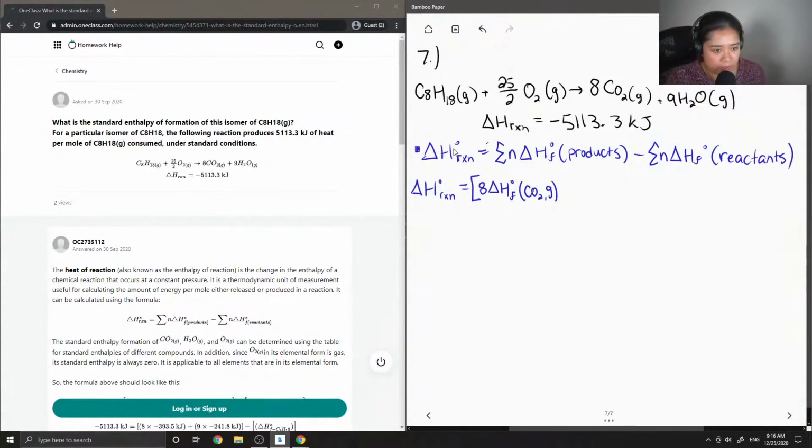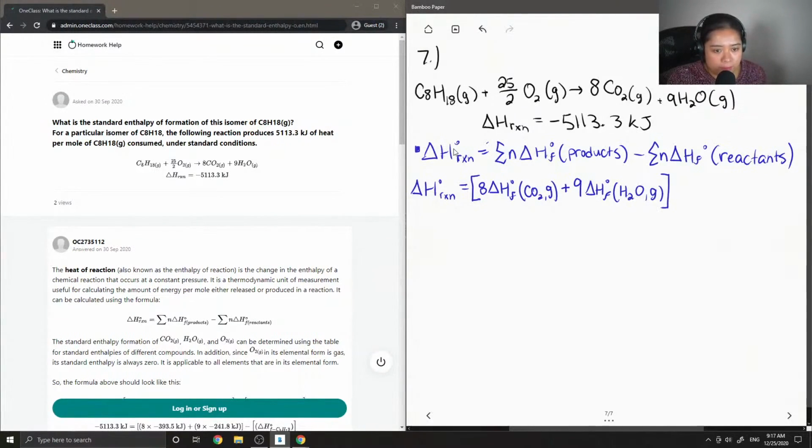So I'm just also going to write the state that all of the compounds are in. And this is going to be added to 9 times the delta H of formation of water. So water as a gas. So those are both of our products.